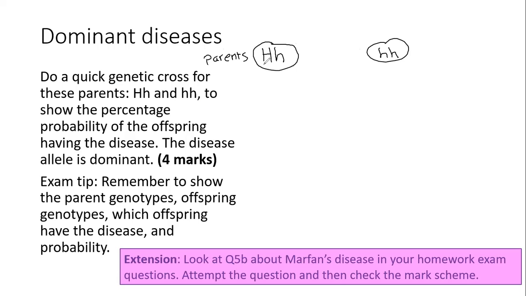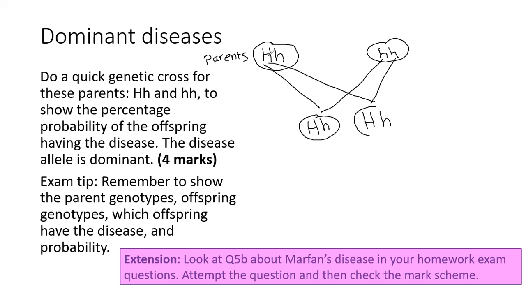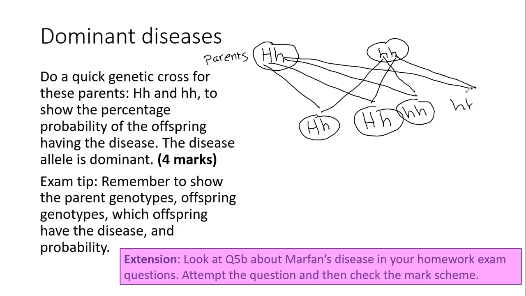So we could get H with h, we could get H with h. Me saying H isn't really that helpful. We could get recessive with recessive, and we could get recessive with recessive. So these are our parent genotypes, and these are our offspring genotypes.